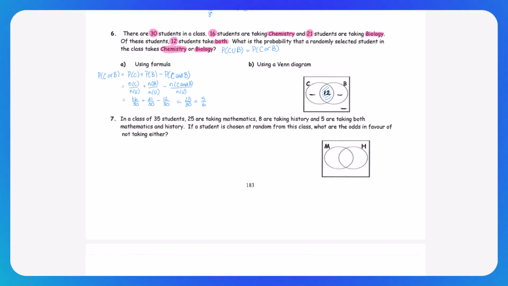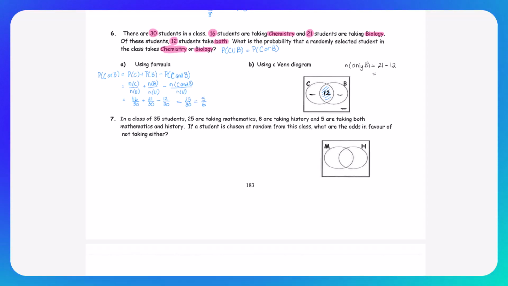So if I want to determine how many are taking only biology, well, I know that the number taking only B is going to be the total number taking biology, which is, in this case, 21, subtract those that are taking both.